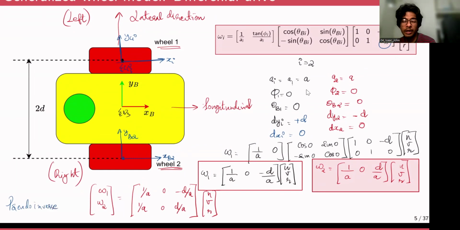So we will look at the pseudo-inverse a bit later in this lecture, but for the time being, you know that you know how to take the pseudo-inverse.